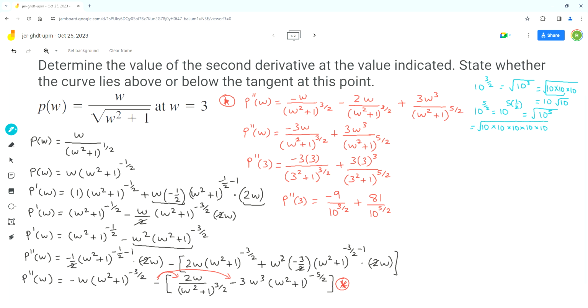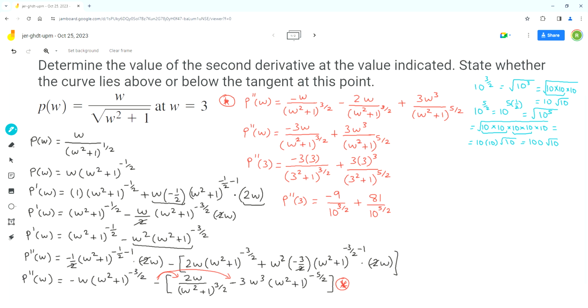Now each pair of 10 can come out as a single 10 in front of the square root. So we get 10 times 10 with 10 remaining under the square root, which is equal to 100 square root 10.